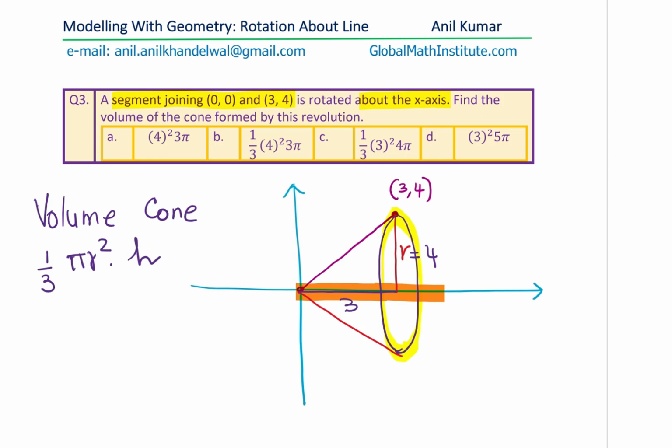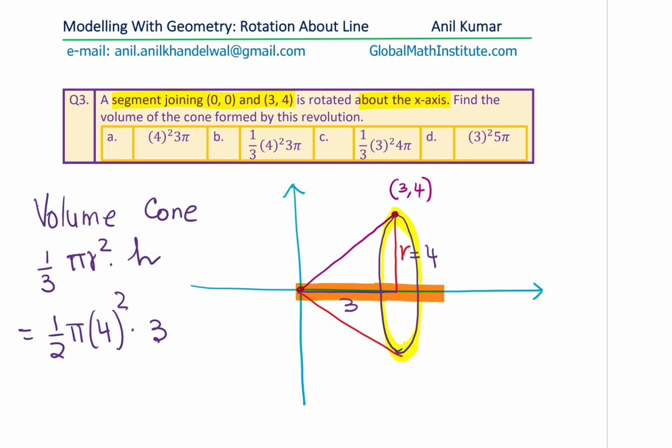Now we know that the radius here is going to be 4, as shown here, the y value. So it will be 4 square.